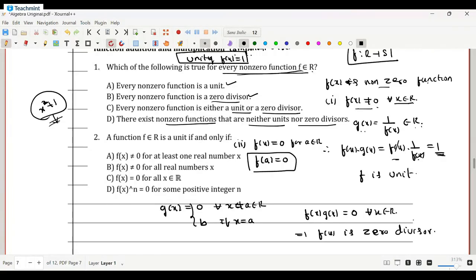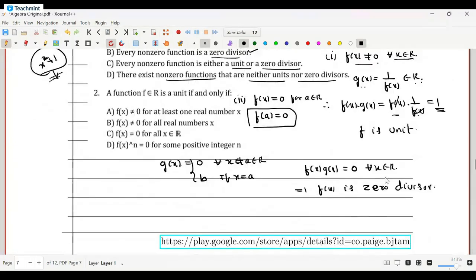So if you take any non-zero function, then it is either a unit or a zero divisor.